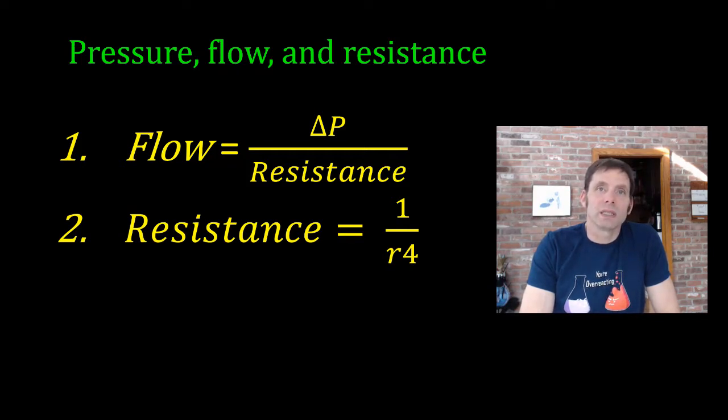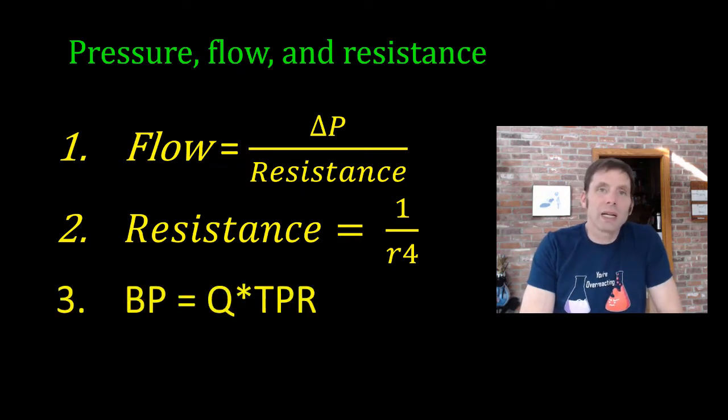The way resistance changes in those vessels is through increasing or decreasing the radius of the vessels. And lastly, we're just going to rearrange the first relationship to look at blood pressure and the fact that blood pressure increases if cardiac output increases, and blood pressure increases if resistance increases.